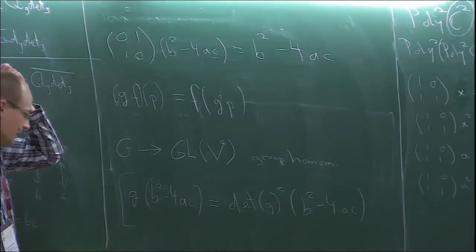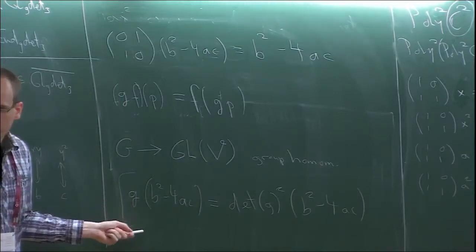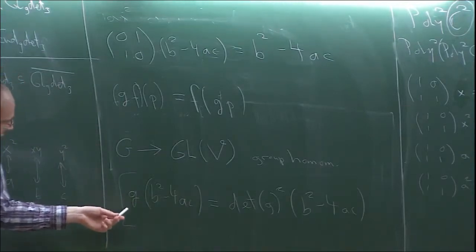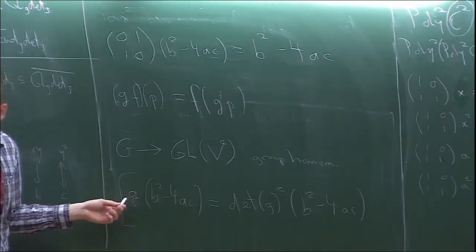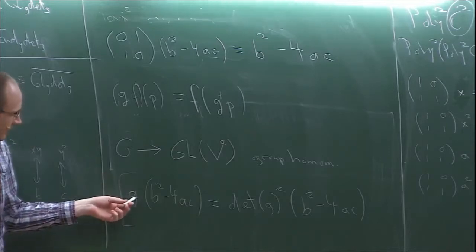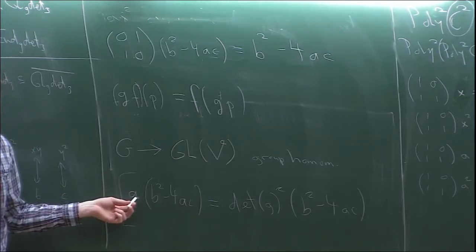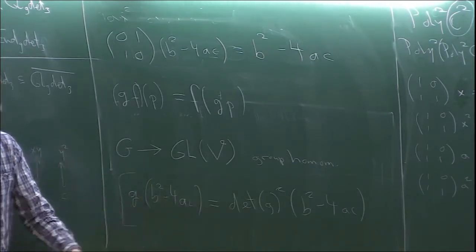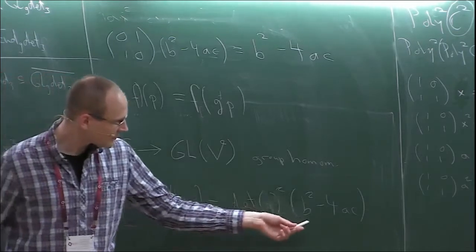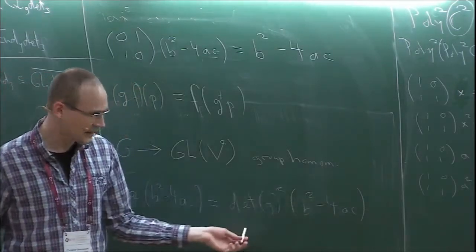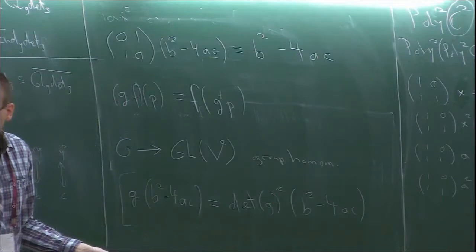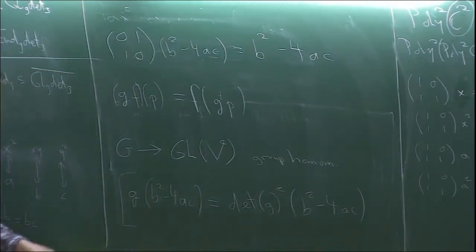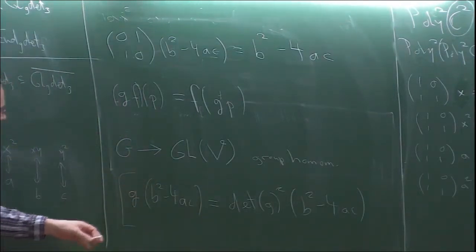This is not how I define it, but this is an observation that you get if you do the calculation. So if you now plug in a 2x2 matrix with 4 different entries, alpha, beta, gamma, delta, and you apply this here, and you expand everything and see what happens, then you get exactly this vector back, but up to a scale that was the determinant of this alpha, beta, gamma, delta matrix squared.